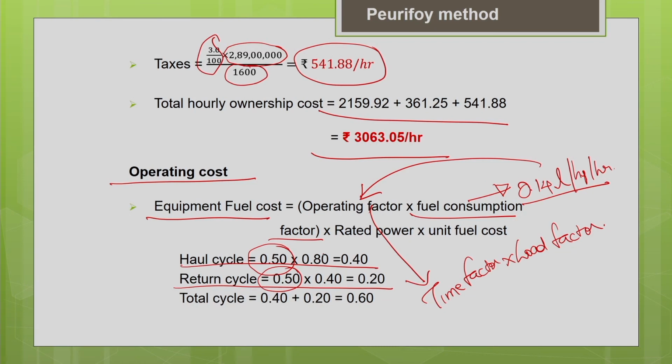During the haul cycle the power consumption is 80%, and during the return cycle when the truck is empty the power consumption is 40%. So, multiply the time by the power consumption ratio, and add both, 0.4 plus 0.2, and you get the load factor for the total production cycle. This is your load factor.